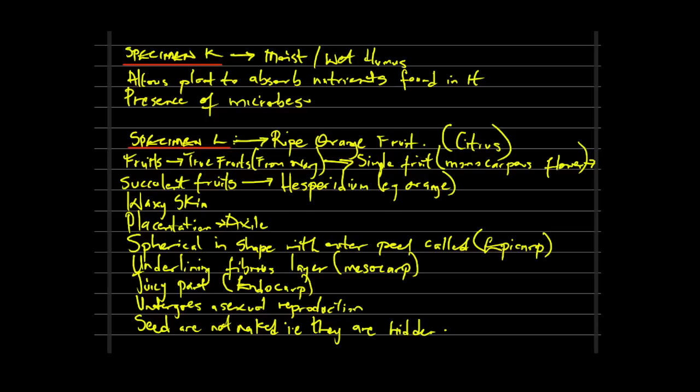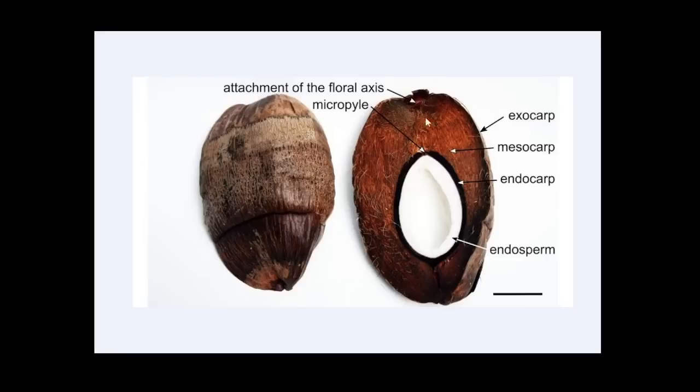So our next specimen is Specimen M, which is the longitudinal section of the coconut fruit.